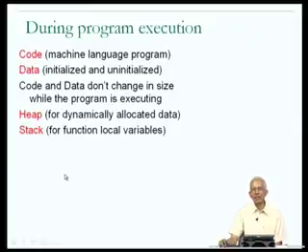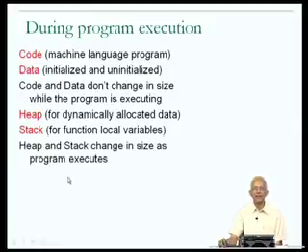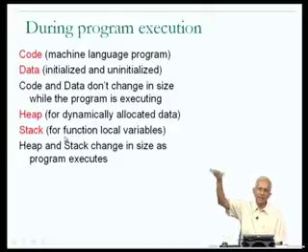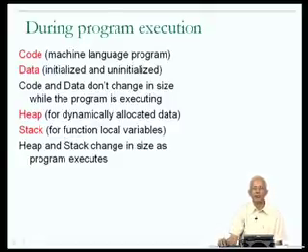Therefore, a picture which I could have in mind is that the heap and the stack come into existence after the program starts executing, but that they could change in size as the program executes. Because every time there is a function call, the stack is going to grow a little bit bigger, with more and more items put onto the stack as more and more functions get called from each other. Similarly, as malloc is called more and more, more heap data will come into existence.